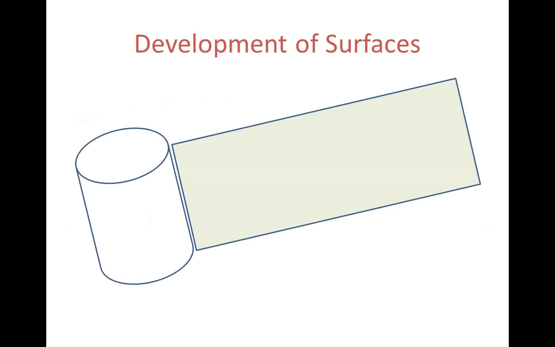So when we talk about the development of a cylindrical surface, we will get a rectangle. When we wrap or unwrap the paper, what will be the size of the paper? It will be a rectangle, having height or width equal to the height of the cylinder, and the length of the rectangle will be the circumference of the circle.